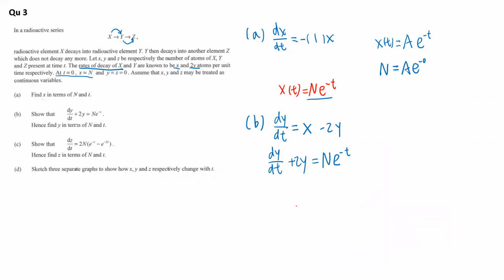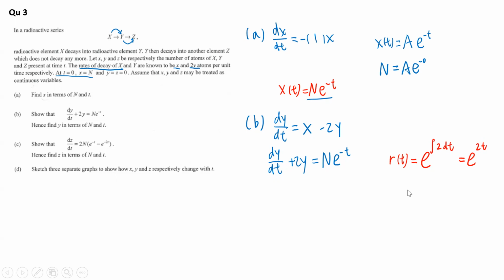Recognize the terms that we need: the r of t that we are looking for is the exponential of the integral of just 2, which is e to the 2t.